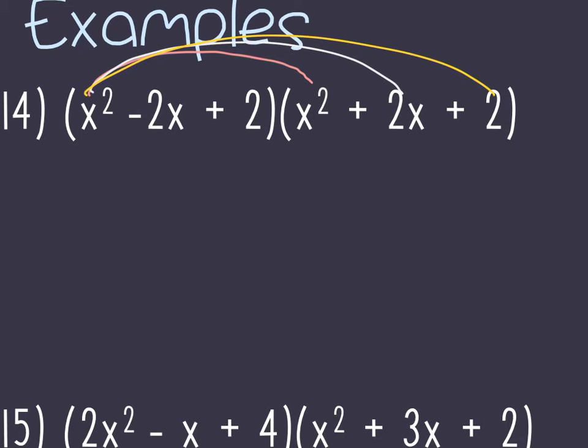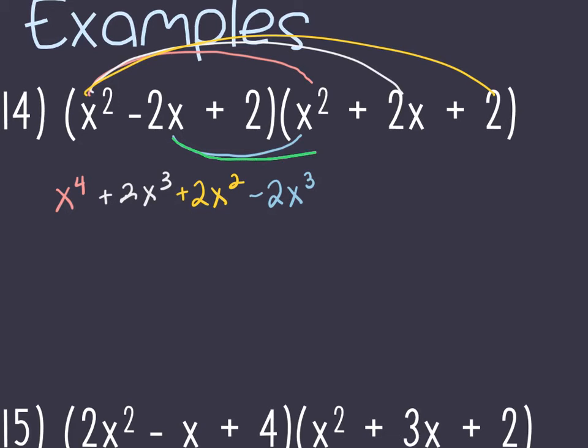So I'd get x squared times x squared, which is x to the 4th. I'd get x squared times 2x, which is positive 2x to the 3rd. I'd get x squared times 2, which is positive 2x squared. Then I go to the next one. Negative 2x times x squared, which is negative 2x to the 3rd.